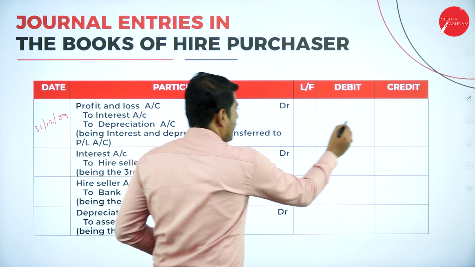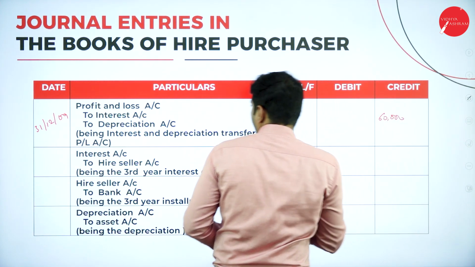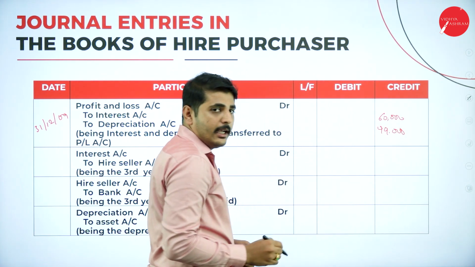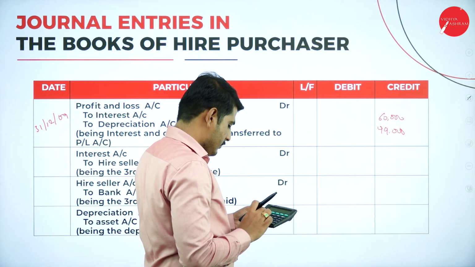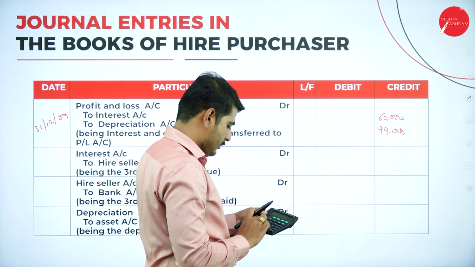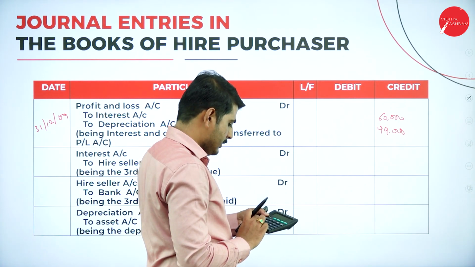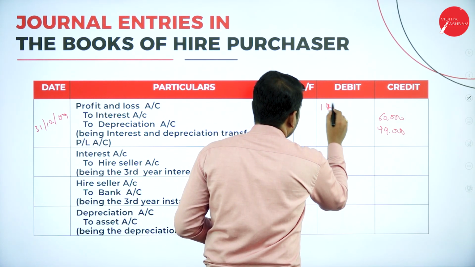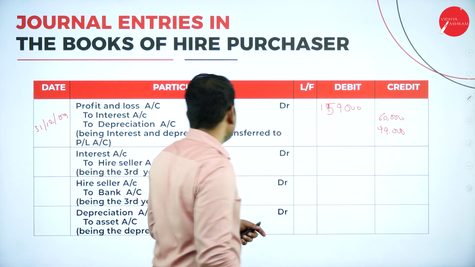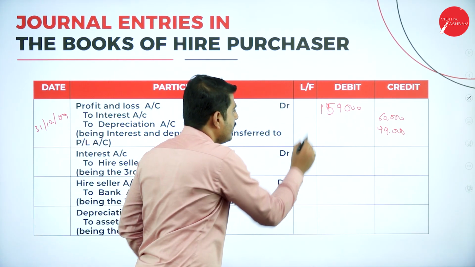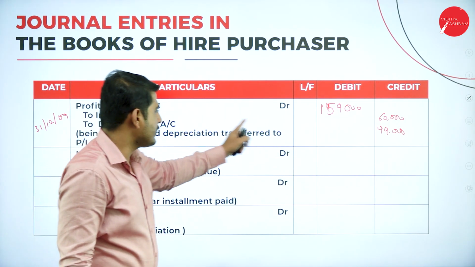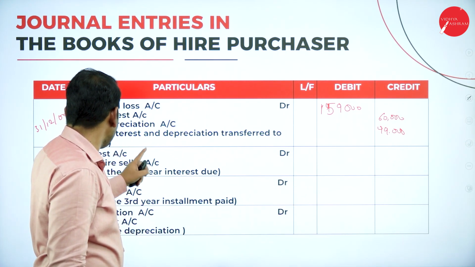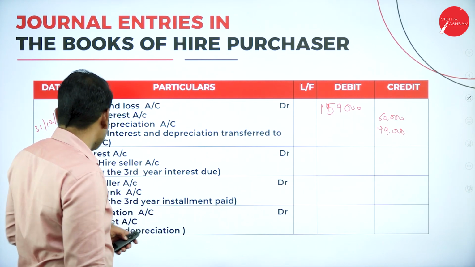Now interest account 60,000, depreciation account 99,000. Adding 99,000 plus 60,000 is 1,59,000. So journal entry, profit and loss account debit 1,59,000, to interest 60,000, to depreciation 99,000, being second year interest and depreciation transferred to profit and loss account.